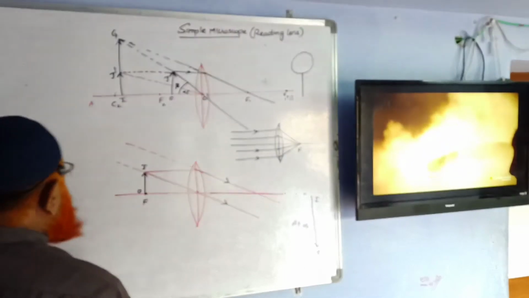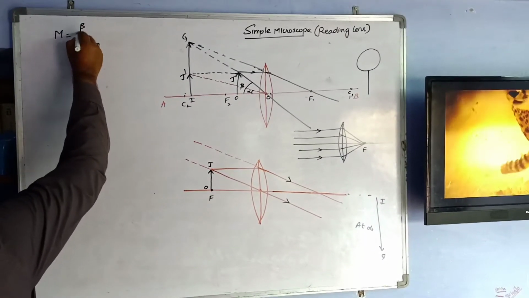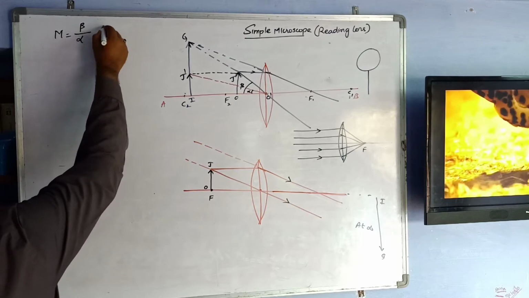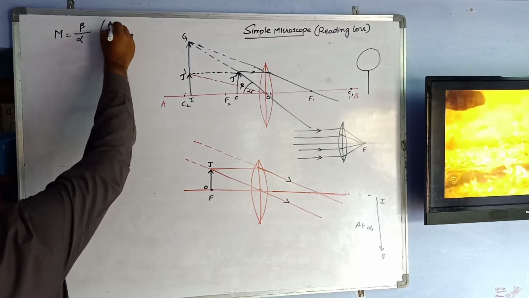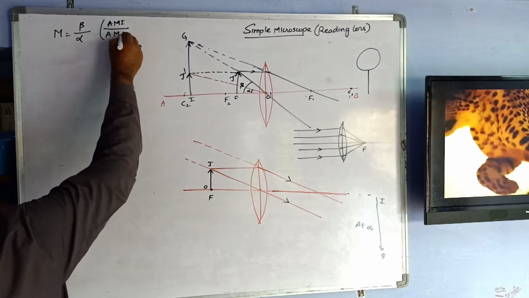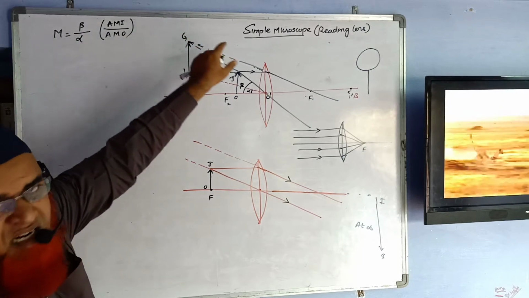Then what is the formula for magnification? The formula for magnification is the angle made by the image divided by the angle made by the object. I am writing like this just to understand, instead of writing the whole sentence.